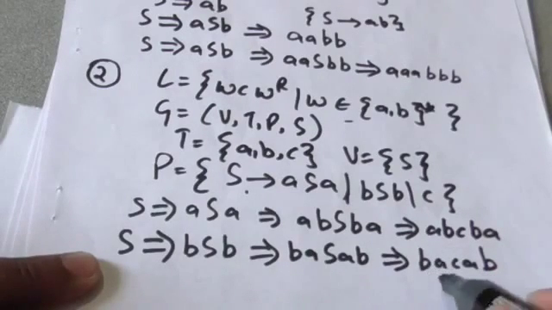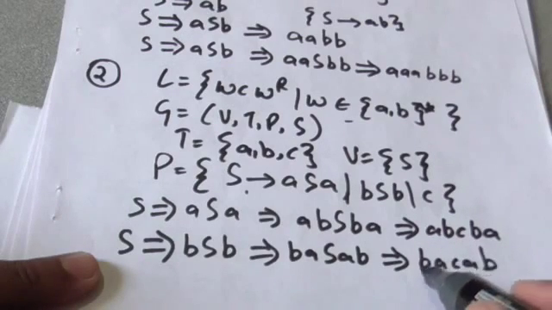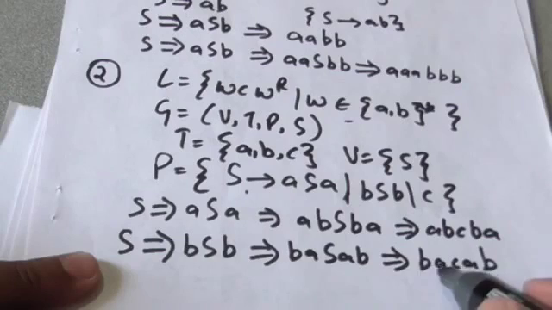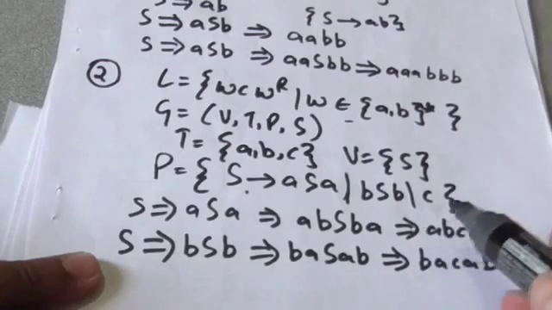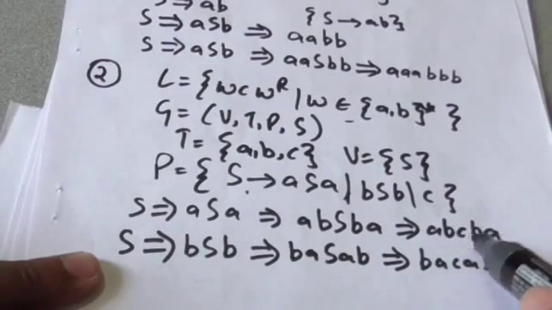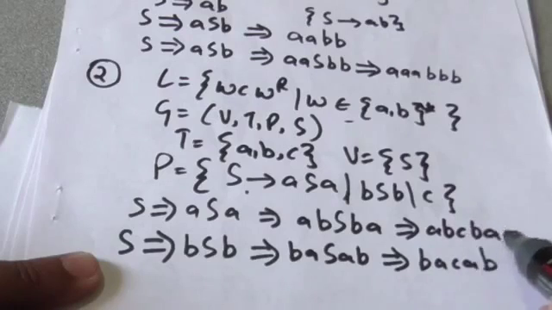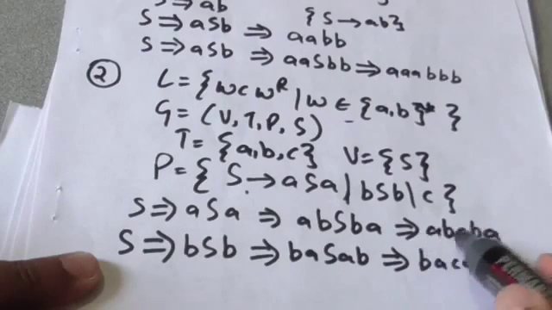Now see, this string is of the form W C W^R. The string which is at the right of C is the reverse of the substring which is at the left of C. In the string which we have derived, also the substring which is at the right of C is the reverse of the substring which is at the left of C.